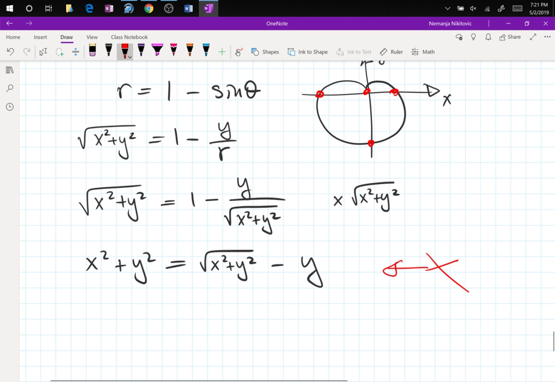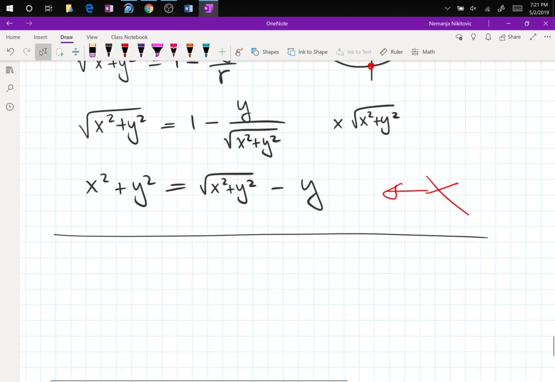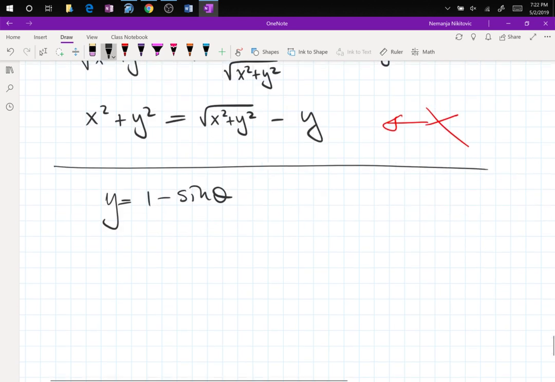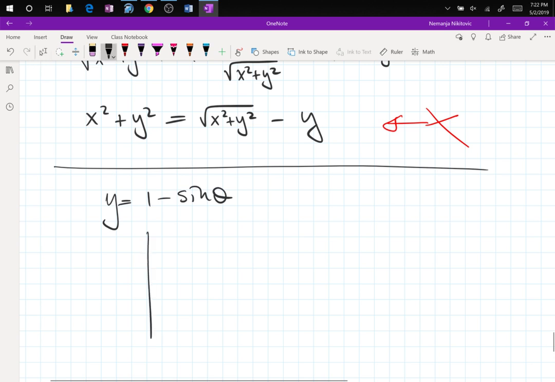So if I want to graph a polar graph, let's say I have r equals 1 minus sine theta. I will do the middle school approach. Theta equals 0, theta equals pi over 4, theta equals pi over 2, let's say. So let's just do those three.